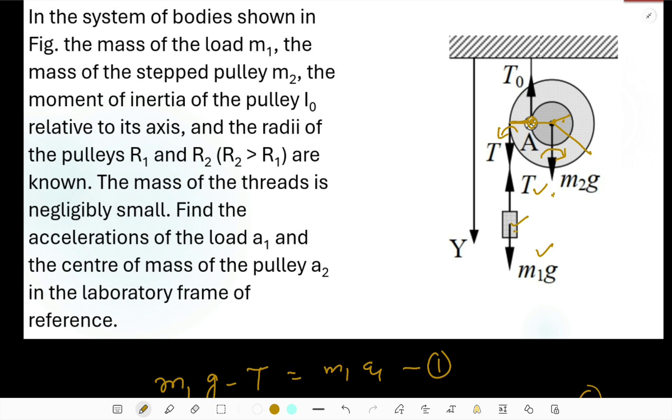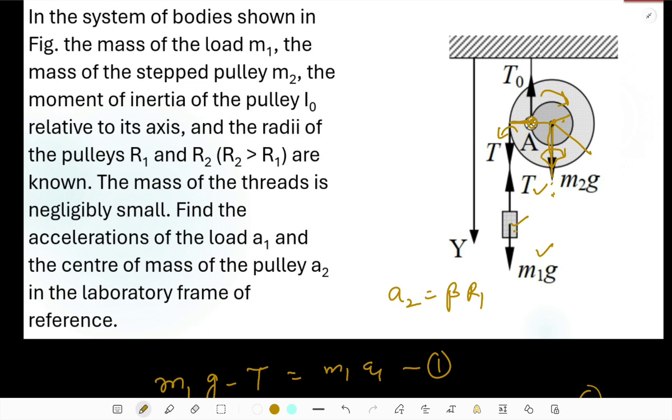A2 is simply, and this is the instantaneous axis of rotation with zero velocity. So I can simply write its acceleration a2 equal to its angular acceleration beta multiplied by r1, and it is rotating in the clockwise direction as well. So the acceleration of its center of mass is beta r1.